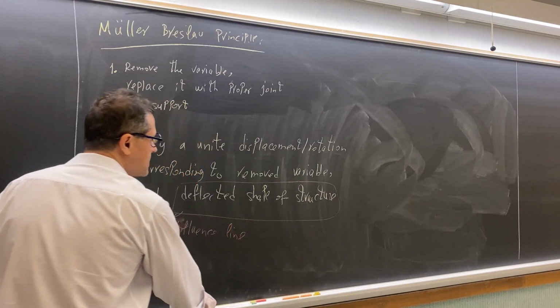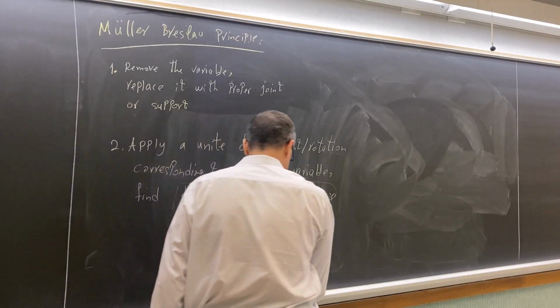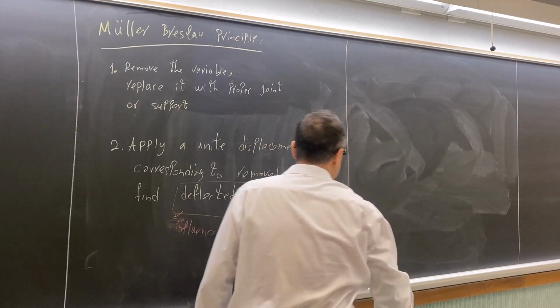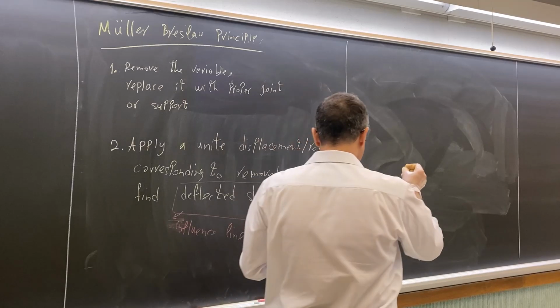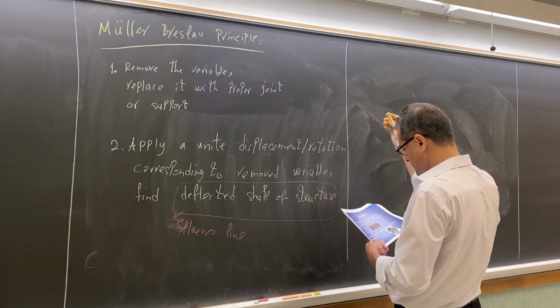So now we practice it on a simple question to understand these steps. We are going to use the Mueller method to draw the inference line.